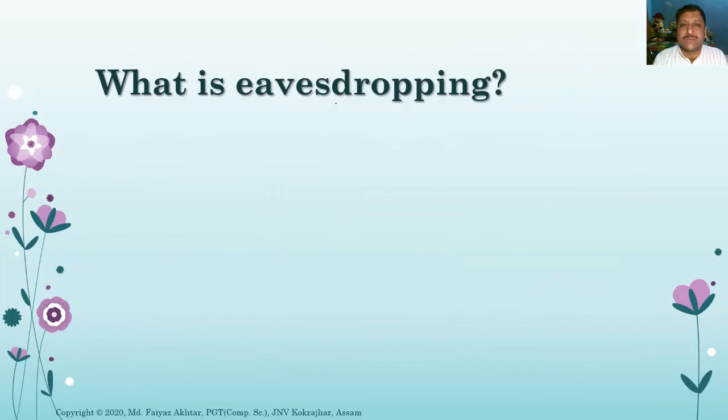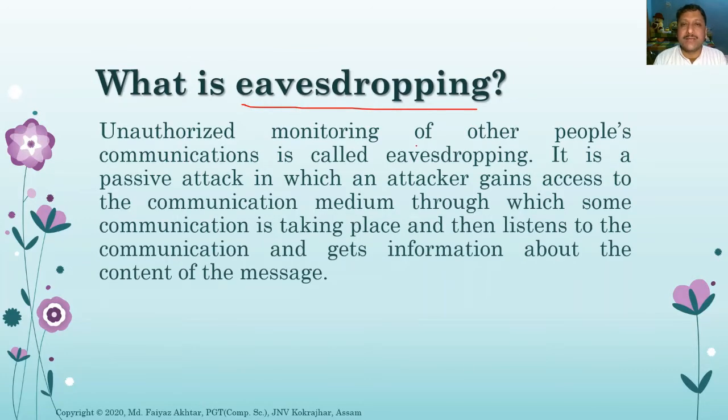Now next is, what is eavesdropping? Unauthorized monitoring of other people's communication is called eavesdropping. You can think of it here: there are no phone calls. If we are using the internet, we are not doing any phone calls, but we are communicating. How are we communicating?